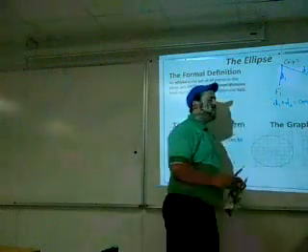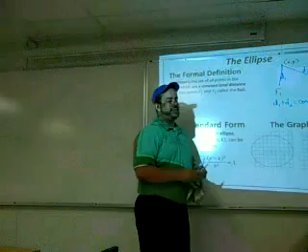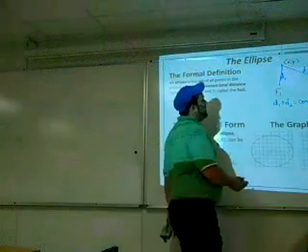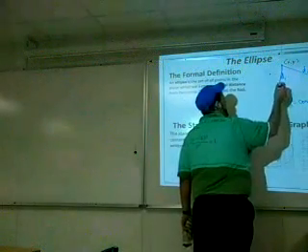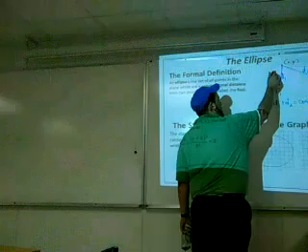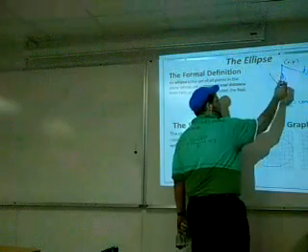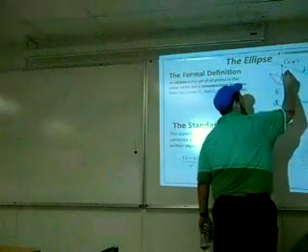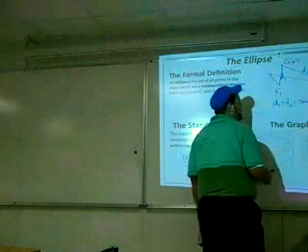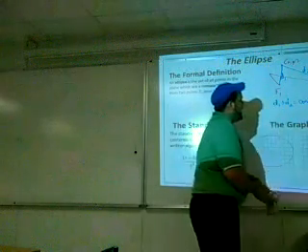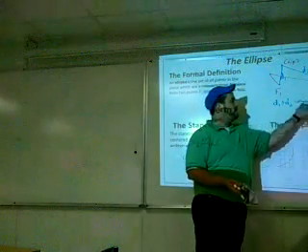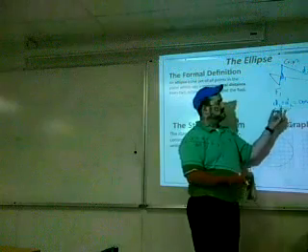So any other points that are going to be on the ellipse have to satisfy the condition that when I take the distance from this other point to the focus plus the point to the second focus, those new distances have to add up to the same number as the original distances.